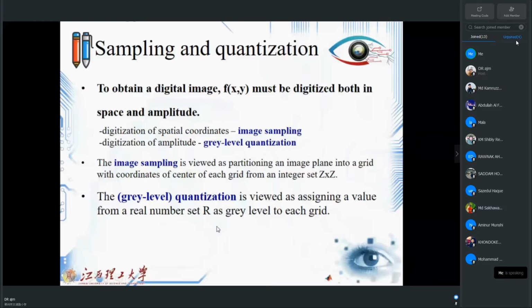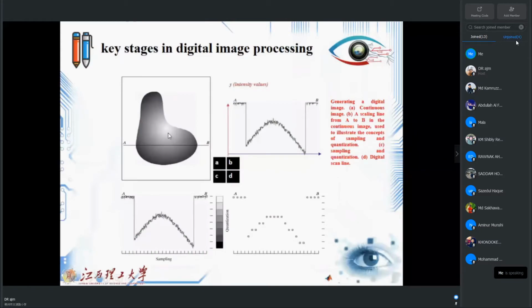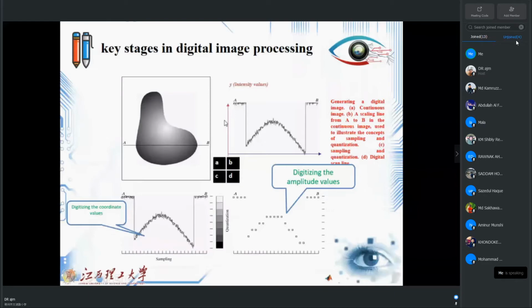If you see this figure, maybe it will make more sense for you. This is my real digital image. In figure A, we have the continuous image. In B, we have the scan line from A to B in the continuous image, which is used to illustrate the concept of sampling and quantization.